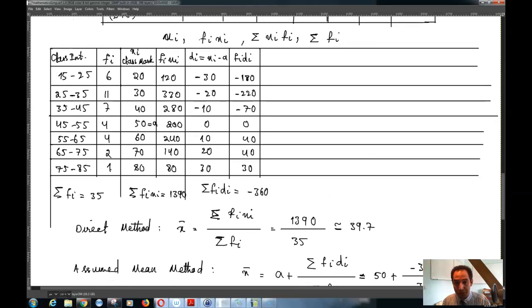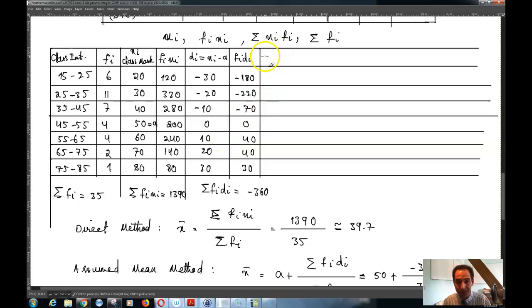So now we defined u of I as, well, basically you can see that all of these numbers are multiples of 10, meaning a multiple of the class size. The class size here is 10, and these are all multiples of 10. That is negative 3 times 10, 2 times 10, 1 times 10, and so on.